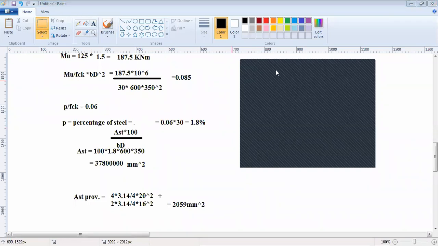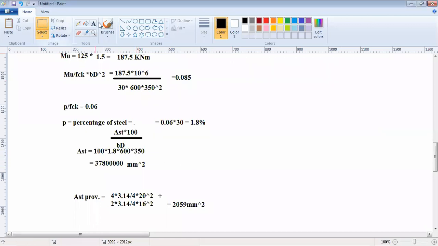That's 1.8 divided by 100 into 600 into 350. It's 3780. This is 3780 that you're getting. This is not multiplied by 100. This is divided by 100.